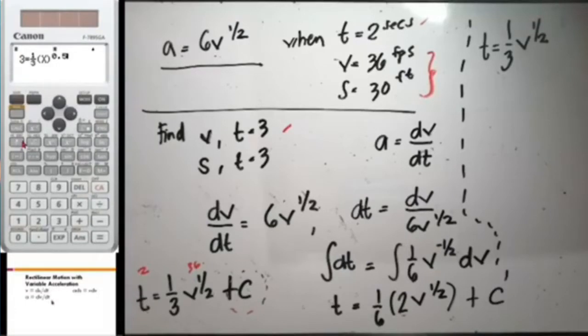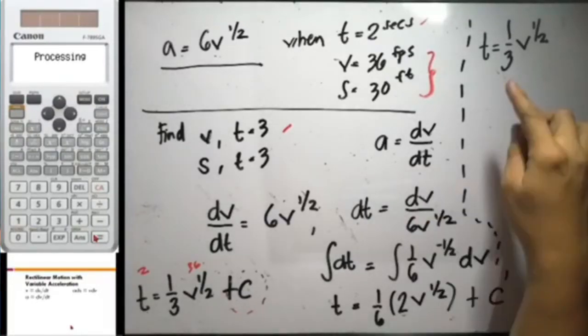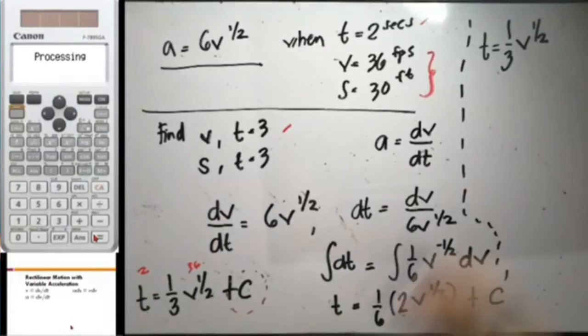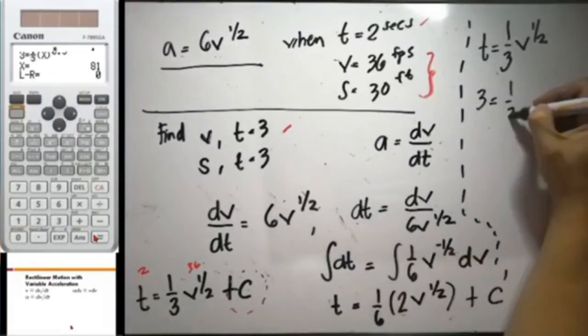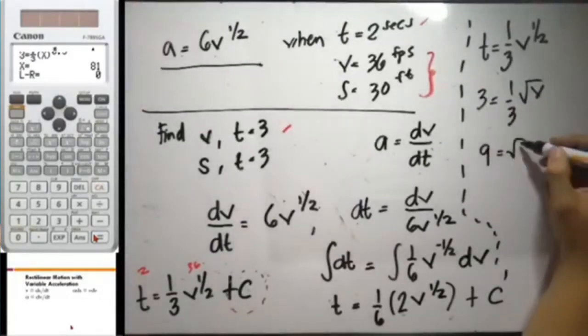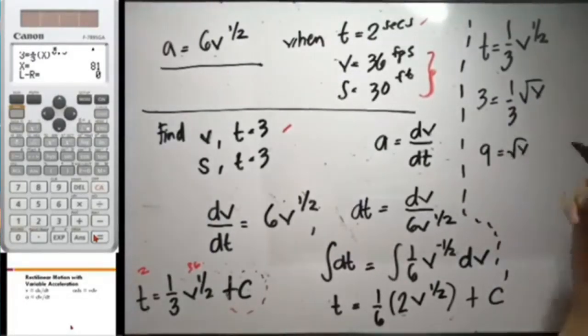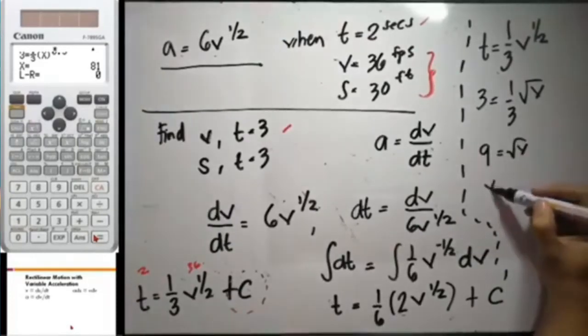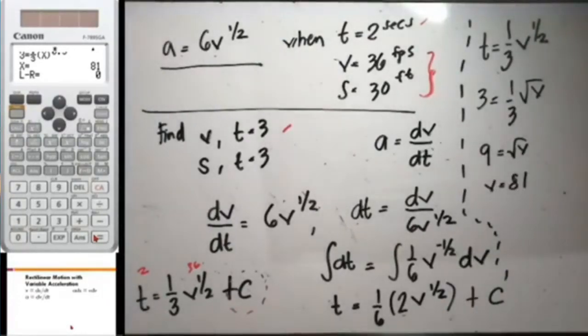Kahit nga i-enter natin ito, when I shift solve, kaya na solve yun. Unahan nga natin yung calcu. 3 equals 1/3 square root ng v. So, 3 times 3, that's 9 equals square root ng v. Then squared, 81. O yun, squared, 81. Velocity equals 81. Okay? So, yun, sagot natin.